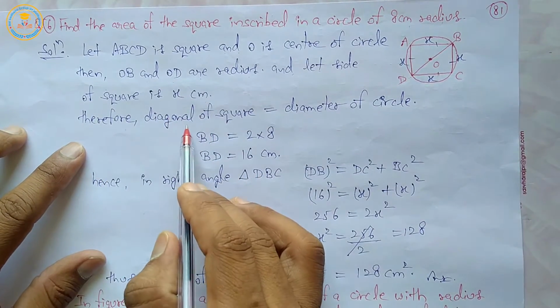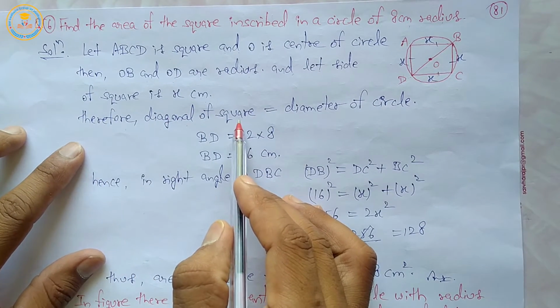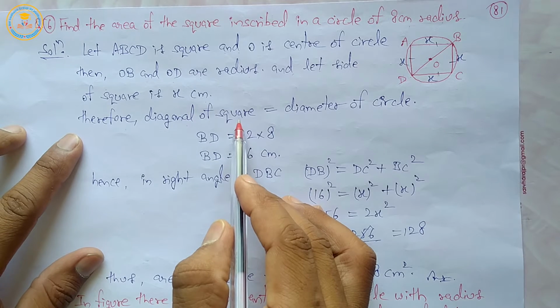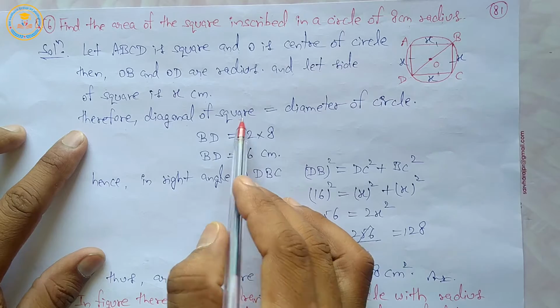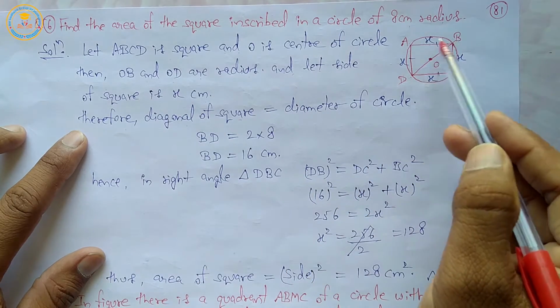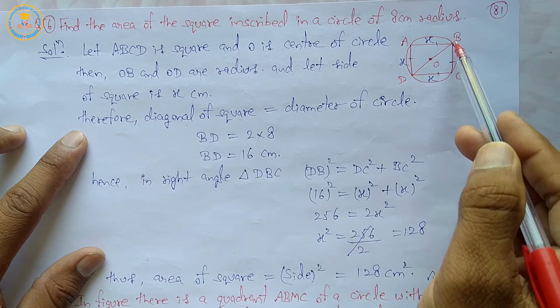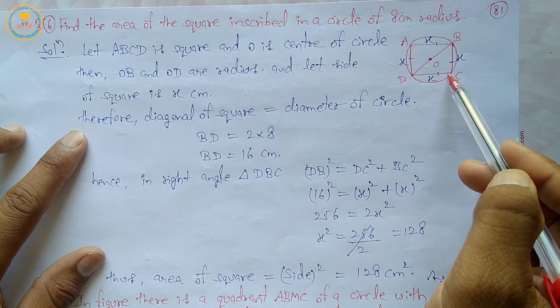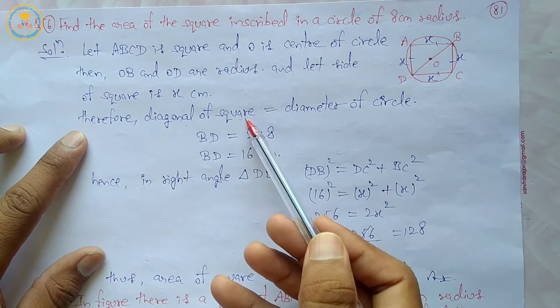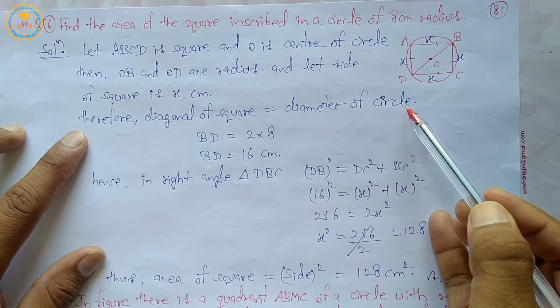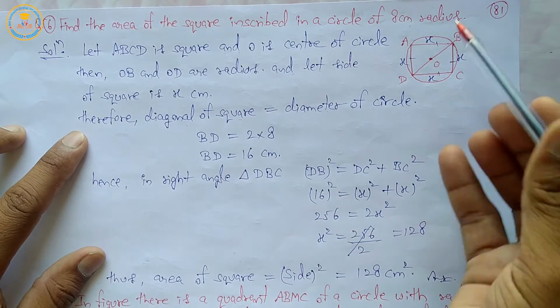Therefore the diagonal of the square. In square ABCD there are two diagonals, BD and AC. The diagonal of a square equals the diameter of the circle.